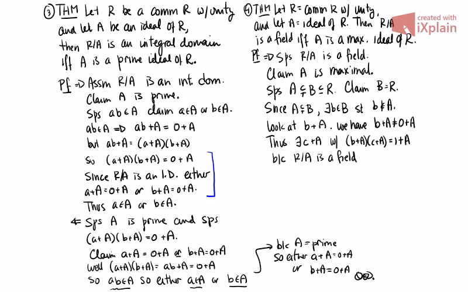And just to clarify, because R mod A is a field, this guy right here is a unit, which remember means it has a multiplicative inverse, and that's the c + A.